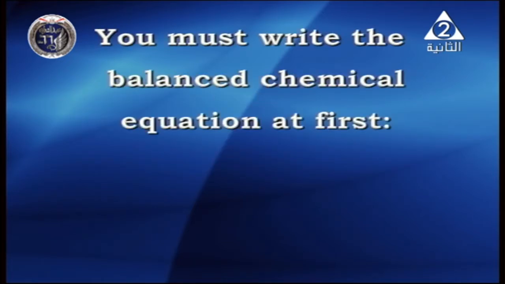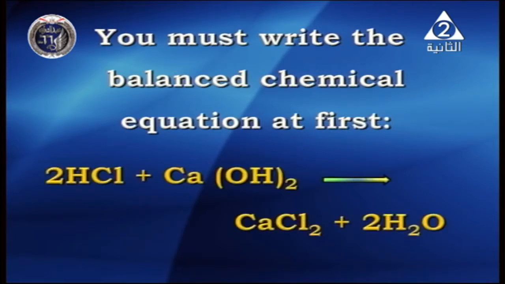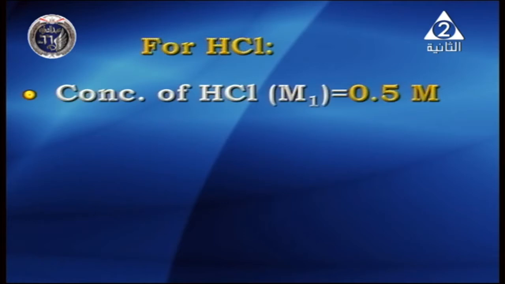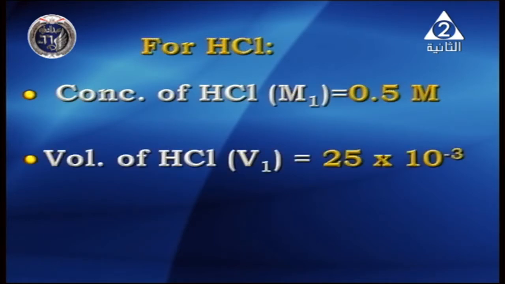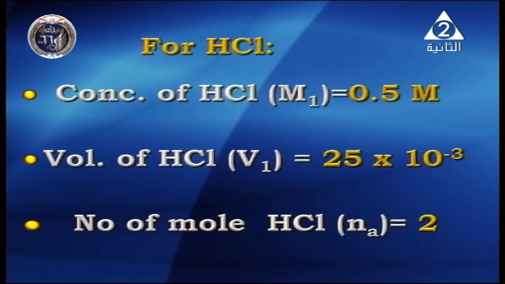You must write the balanced chemical equation at first. 2HCl plus Ca(OH)2 gives CaCl2 plus 2H2O. So for HCl, hydrochloric acid, concentration equals 0.5 molar. Its volume equals 25 times 10 to the power negative 3 to convert it to liter. And the number of moles in the equation equals 2.